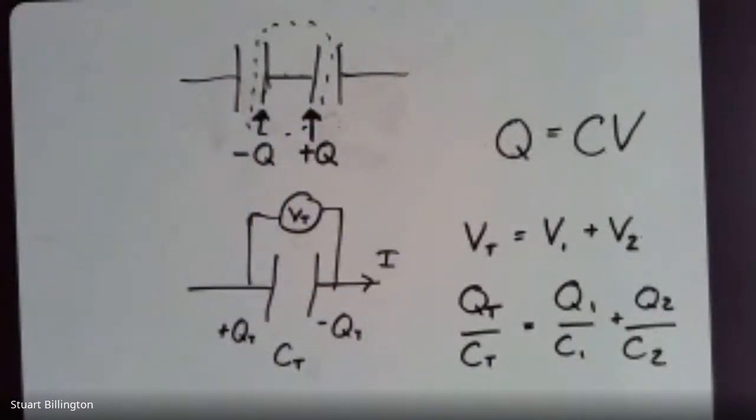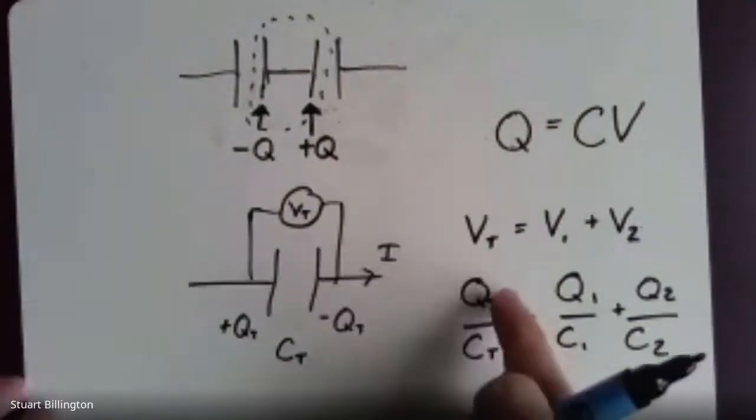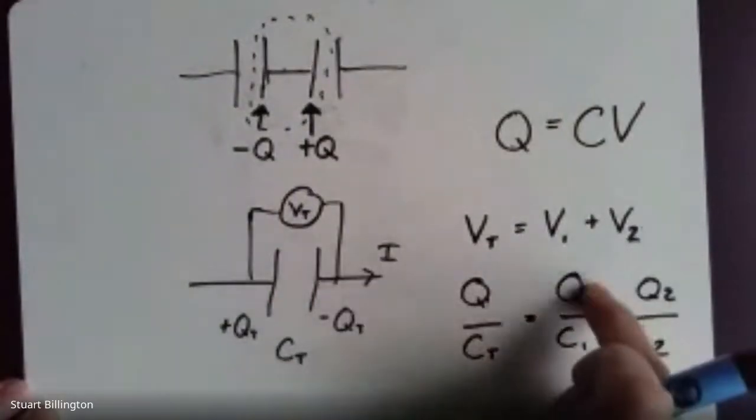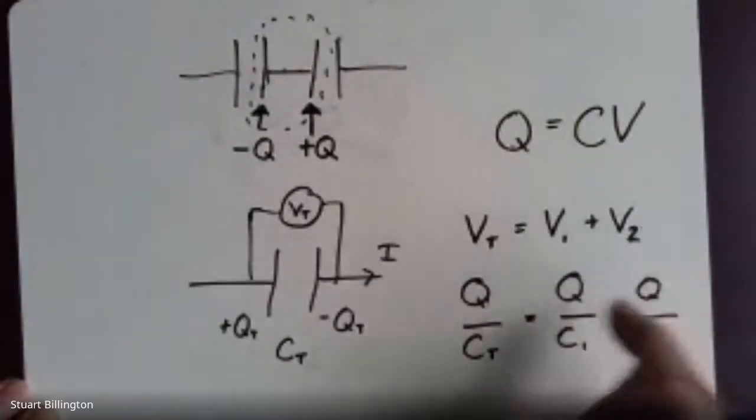You might need to be able to articulate that in a test one day, but by understanding it, you also get a good understanding of the flow of the charge. So just scribble a note to yourself as to why all of the Qs are actually the same.